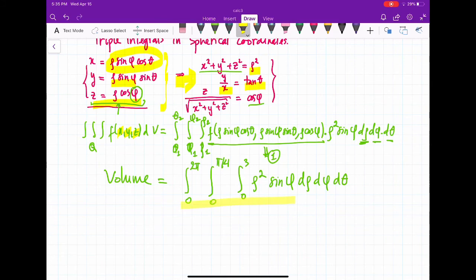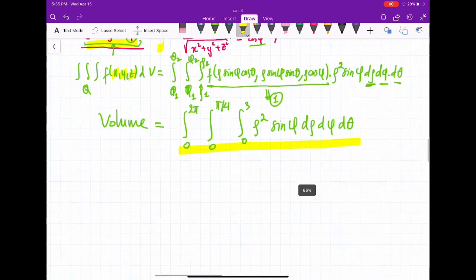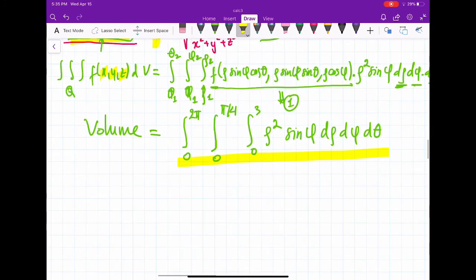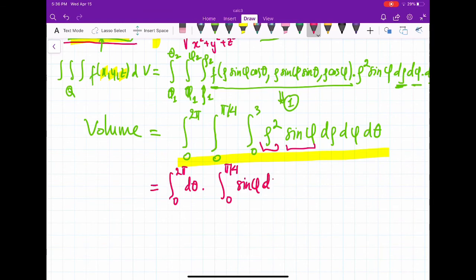This integral looks better than the previous one, the one with cylindrical coordinates. And now you see, the function is rho squared sine phi, right? We can separate them. So we can rewrite this integral as the product of three integrals: from 0 to 2 pi d theta, times 0 to pi over 4 of sine phi d phi, and from 0 to 3 of rho squared d rho.